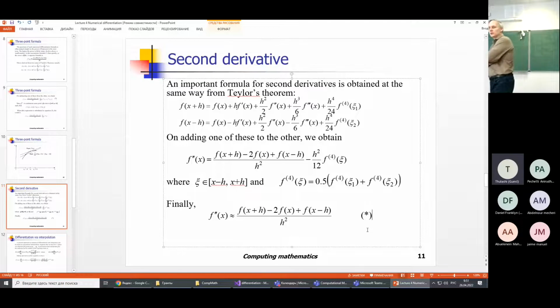What is the value of f of x plus h? 1.1 in cube.